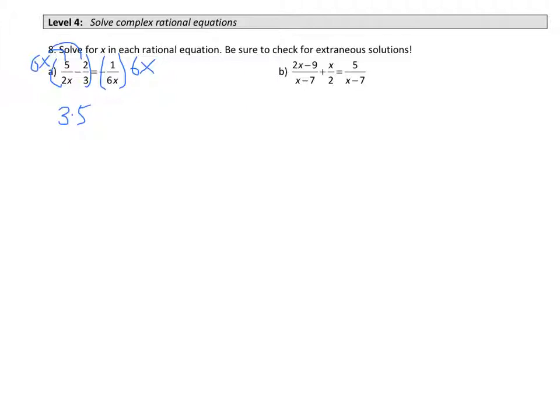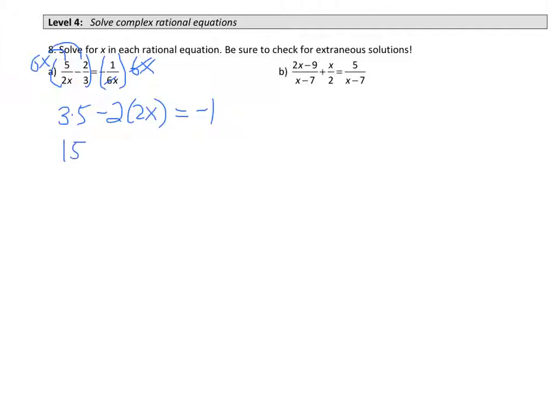And then 6x divided by 3 is 2x, so I get 2 times 2x. And on the other side, 6x divided by 6x cancels out, and I just get -1.